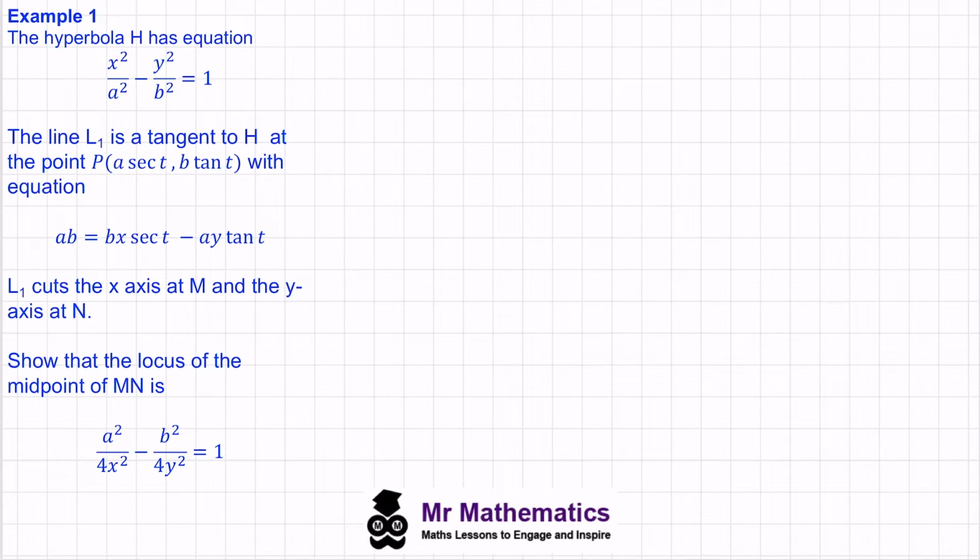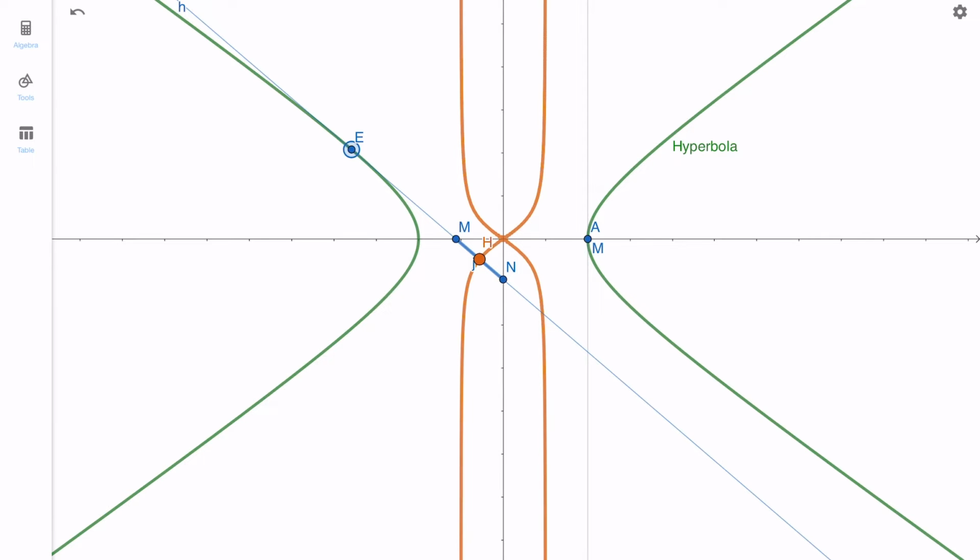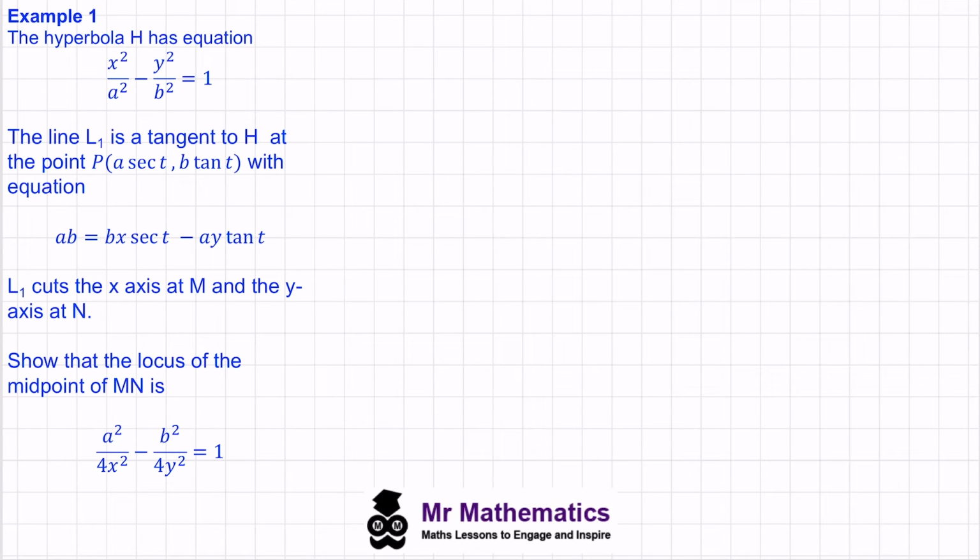So the first thing we need to do is find the general coordinates of the midpoint. You can see that at the point M, y is always 0, and at N, x is always 0. So we'll start by saying at M, y equals 0, and when we substitute 0 into here, ay tan t will go.